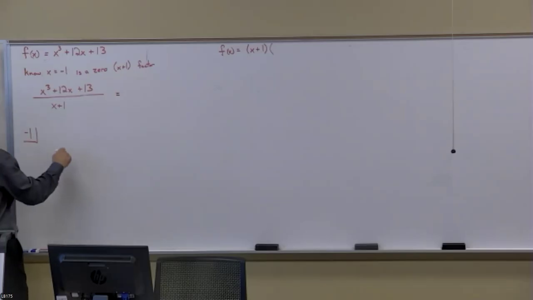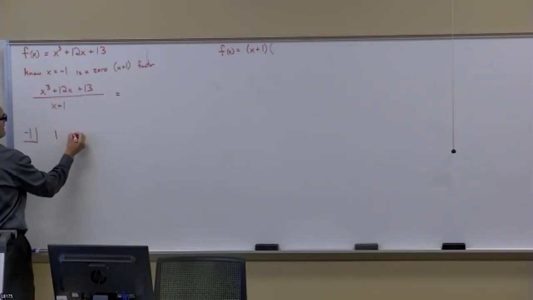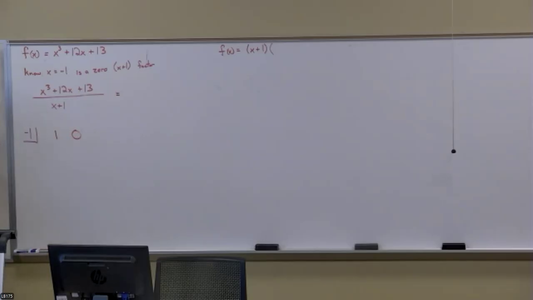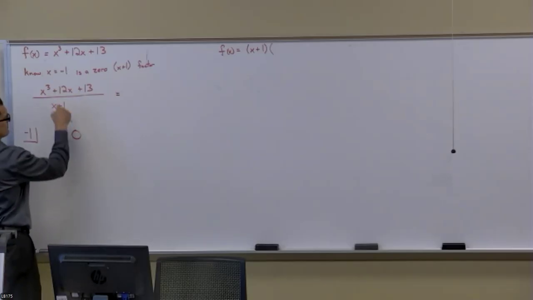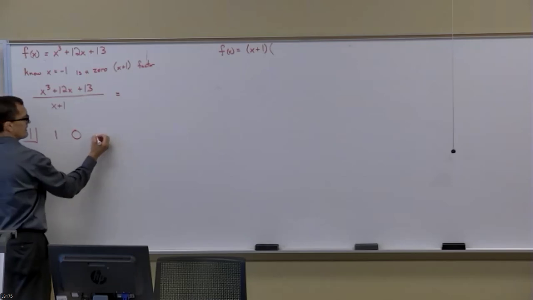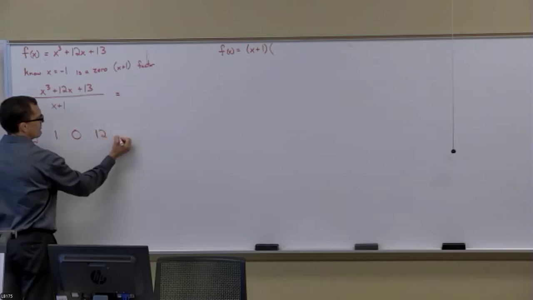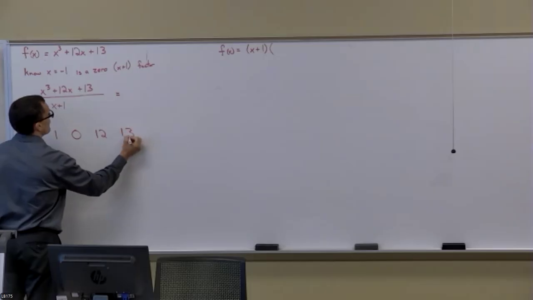So we test that through synthetic division. 1 is the coefficient of x to the third. The next coefficient has to be a 0. That's the coefficient of the x squared. Don't forget that one. There's no x squared term, so put a 0 as a placeholder. And then 12, and then 13.